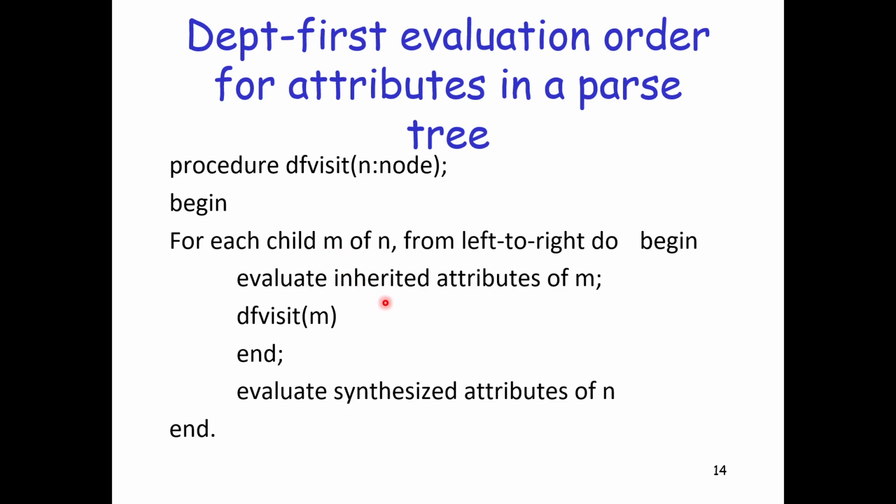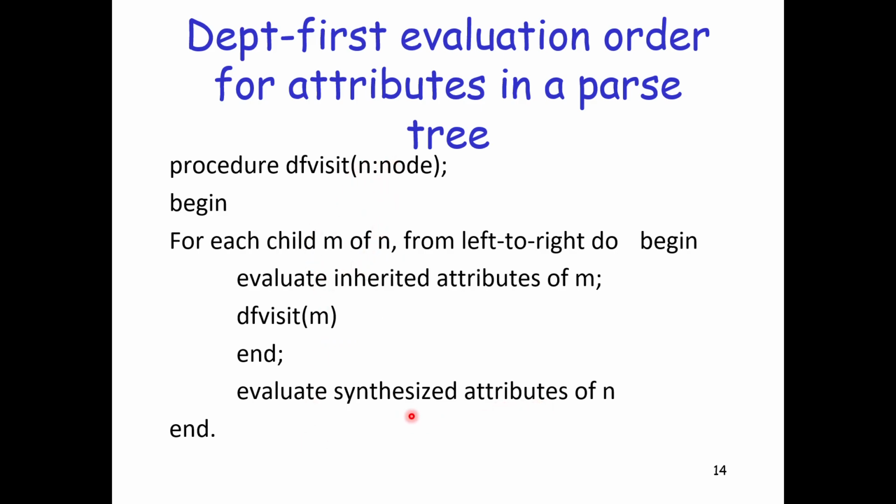You can start from the leftmost child of n, then proceed towards the right children. If it has subchildren, then you can repeat this procedure. After evaluating all the children, again come to the root node, then it can evaluate the synthesized attribute.